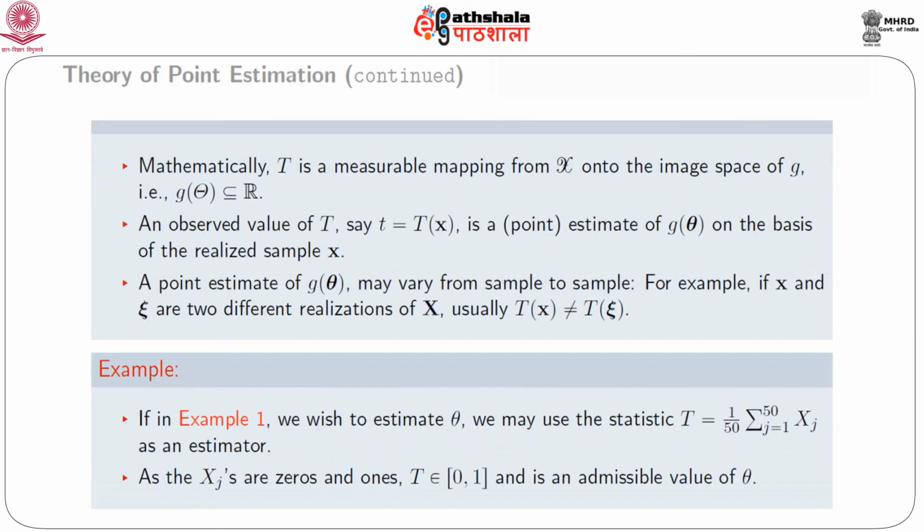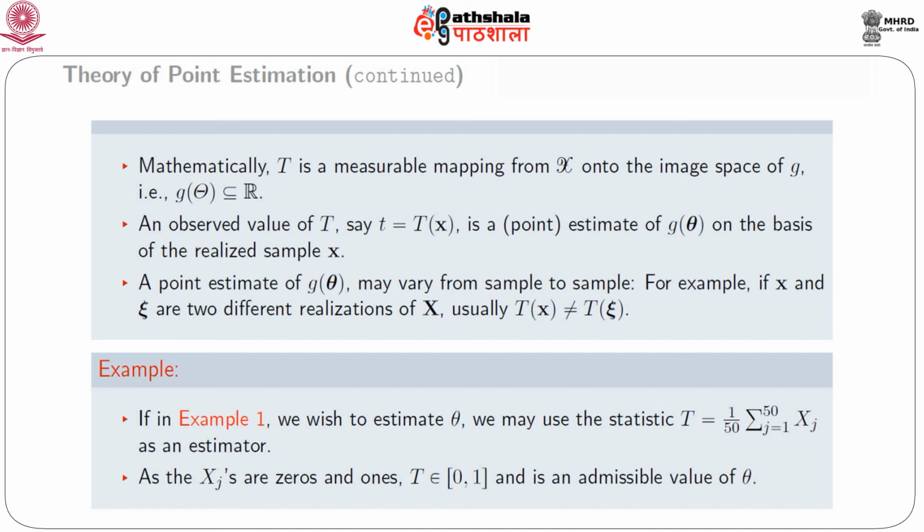Mathematically, capital T is a measurable mapping from script x onto the image space of g, that is, g theta is a subset of the real line. An observed value of T, say small t, is called a point estimate of g theta on the basis of the realized sample x.